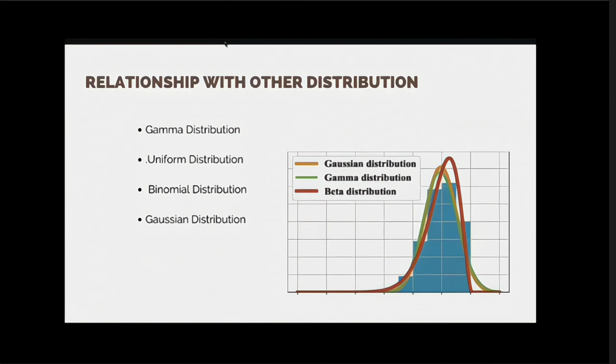So now let's talk about the relation with other distributions. Gaussian distribution. The beta distribution can be viewed as a generalization for modeling proportions, which are bounded between 0 and 1, while the Gaussian distribution is defined on the entire real line.